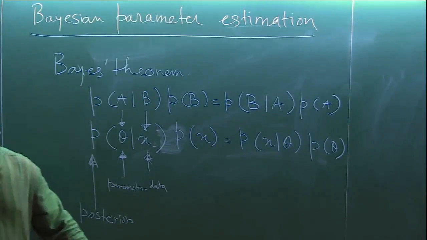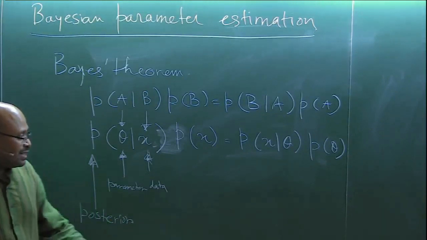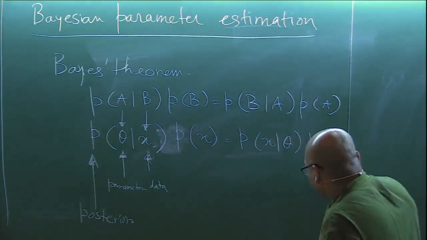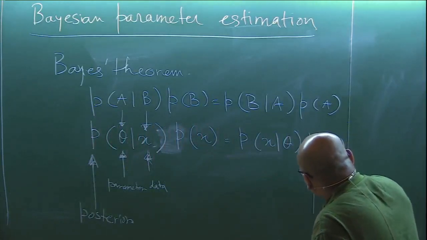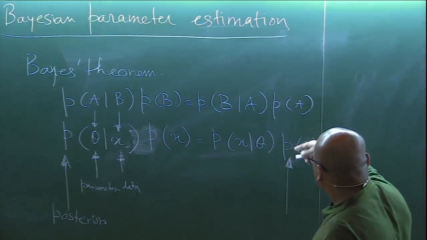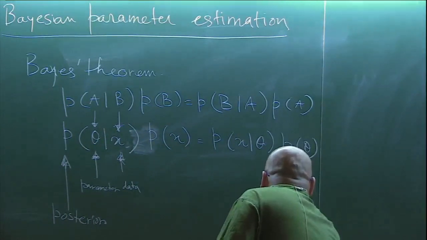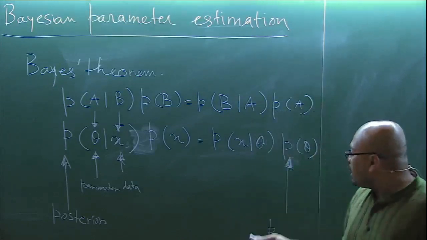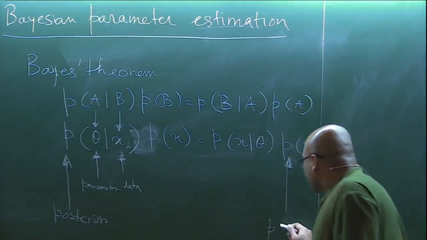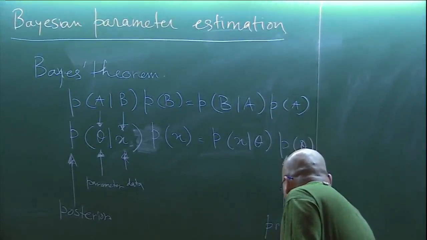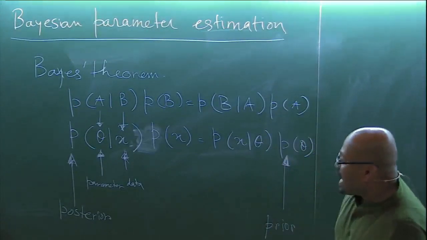So this is what you know a posteriori once you have the data. While this term on the right over here, which is just the probability of the parameters without the data, that is what you think about the parameter without having seen the data, that is called the prior probability.